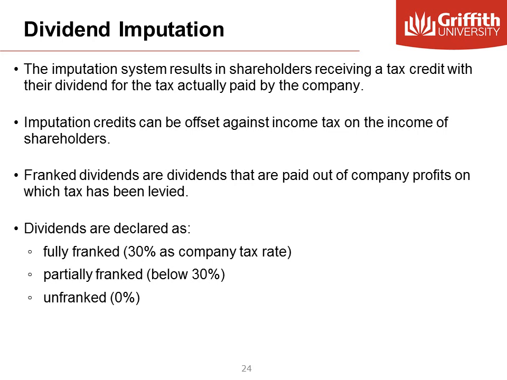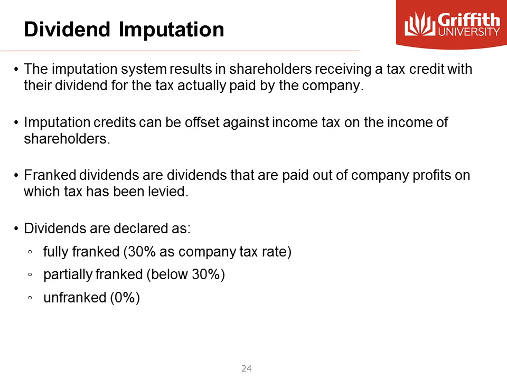These imputation credits allow investors to reduce their overall tax liability on income, whether this income is from dividends or from other sources. Therefore, the most desired dividends are the franked dividends because the company has paid tax on them.